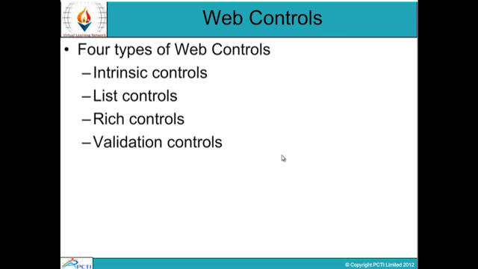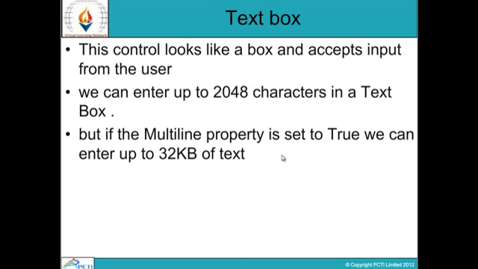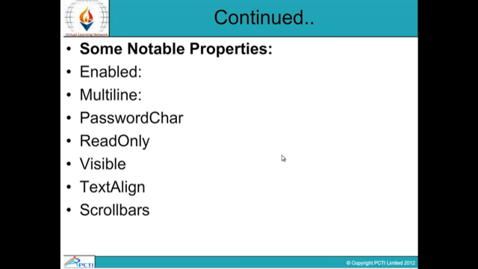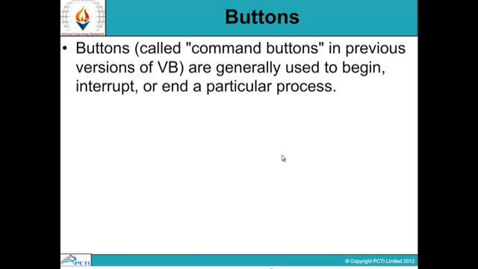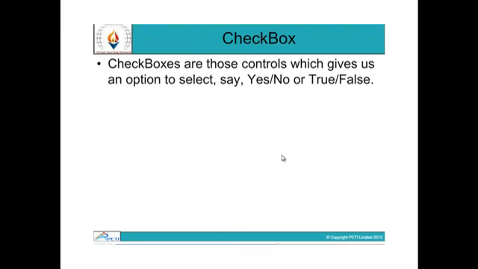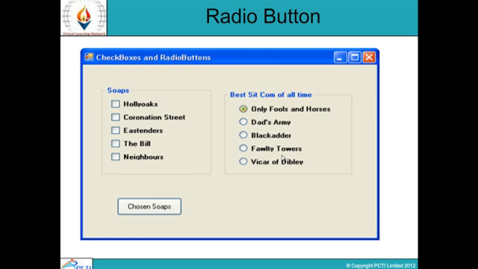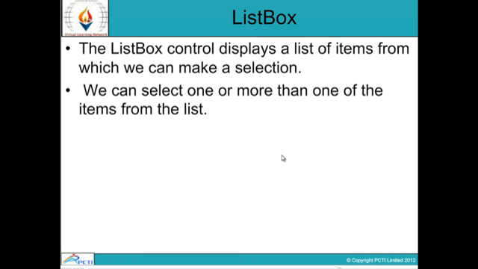How the web controls can be classified was the most important point that we covered, in terms of intrinsic controls, list controls, rich controls, and validation controls. We emphasized the text box, labels, buttons, checkboxes, and of course radio button and list box.